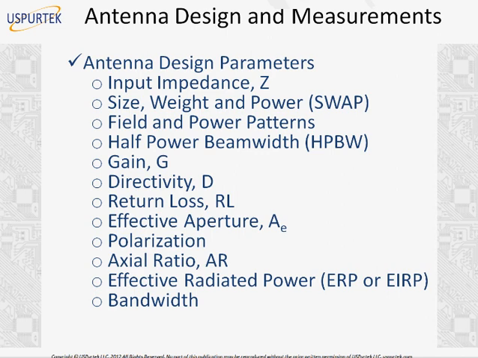It again depends on the application we want to design the antenna for. And then the axial ratio, and of course the very important one, the ERP or the EIRP, effective radiated power. So this tells you what amount of power you want to radiate with your antenna. And finally, we have the bandwidth. Is it a narrow band antenna or a wide band antenna, or whatever bandwidth we want to have?